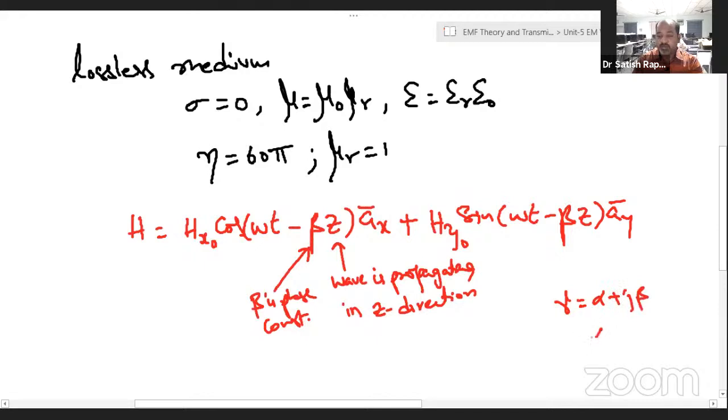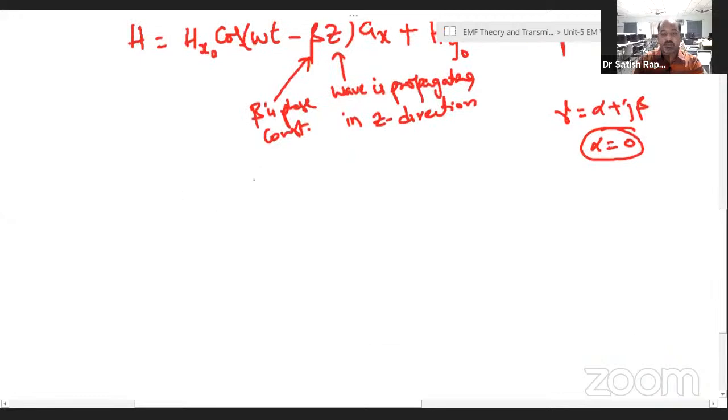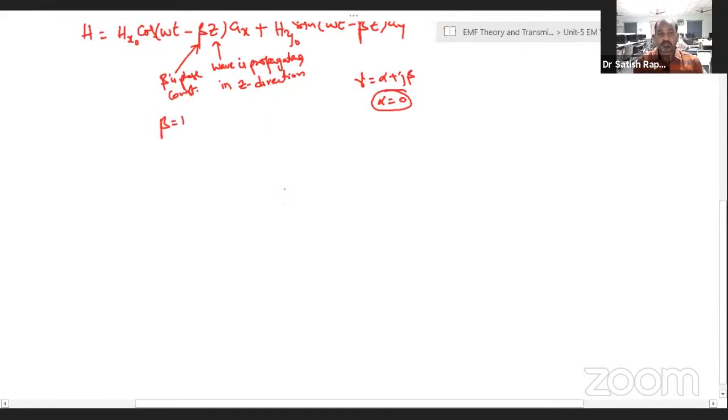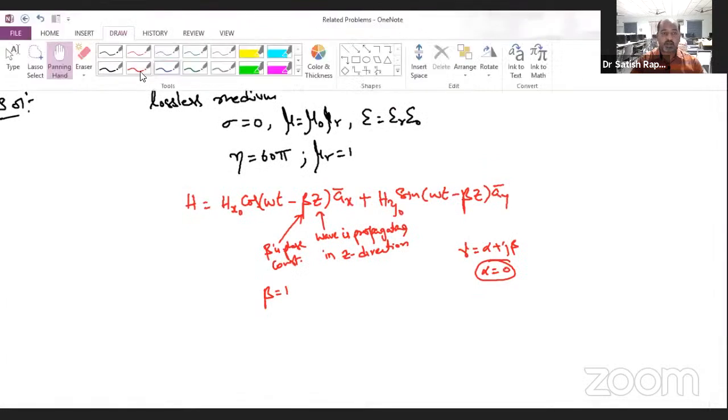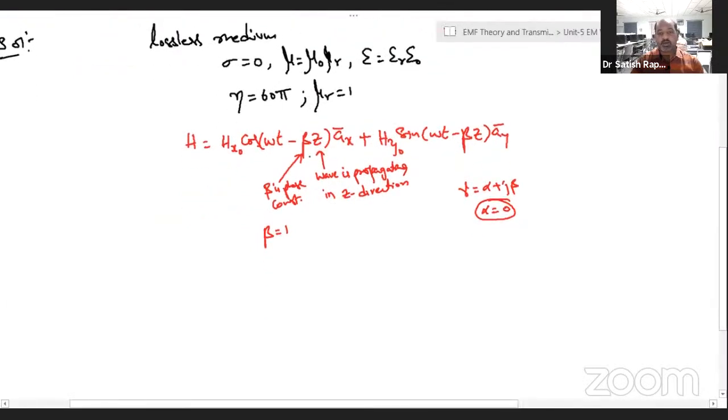Here alpha is equal to 0, so we have only beta. From the given equation, omega t minus beta z, we can say that beta is equal to 1. So this is the given data which we have.